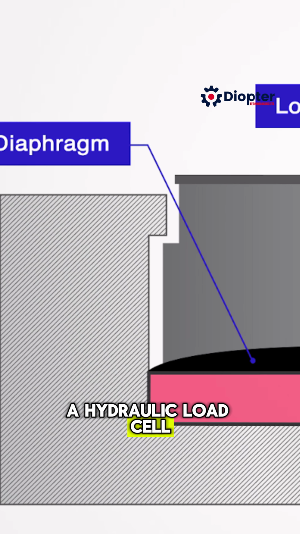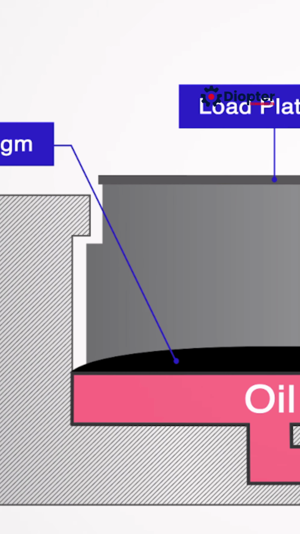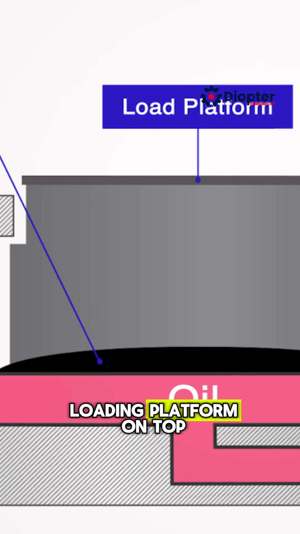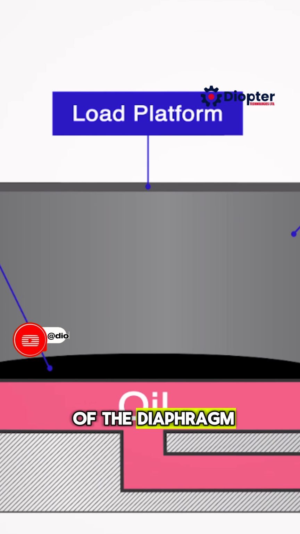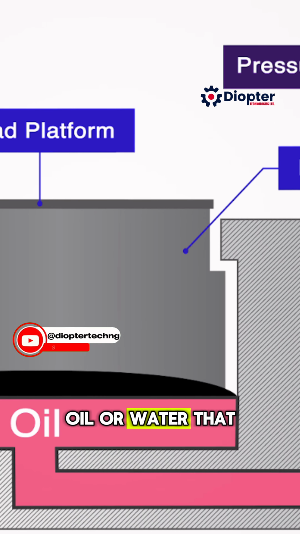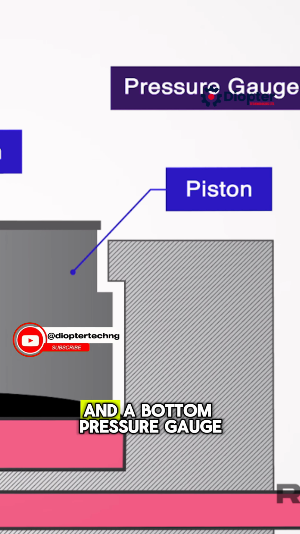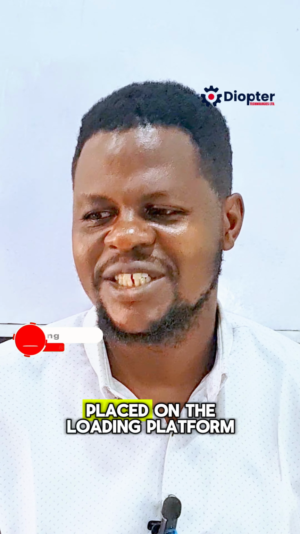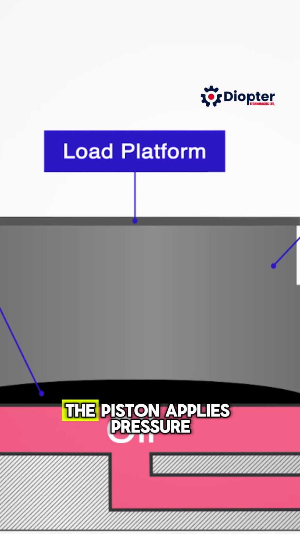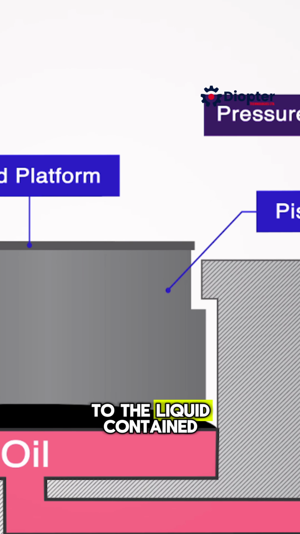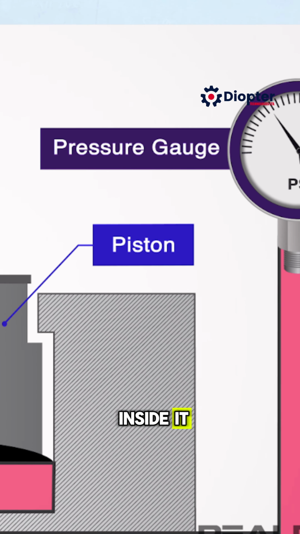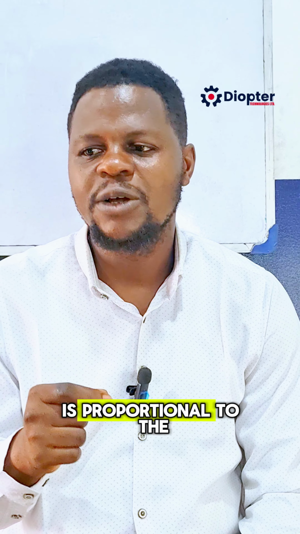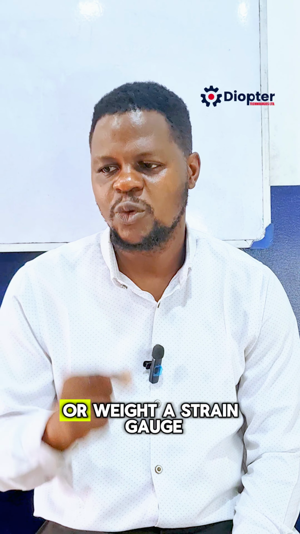A hydraulic load cell consists of an elastic diaphragm, a piston with a loading platform on top of the diaphragm, oil or water that will be inside the piston, and a bottom pressure gauge. When the load is placed on the loading platform, the piston applies pressure to the liquid contained inside it. The pressure increase of the liquid is proportional to the applied force or weight.